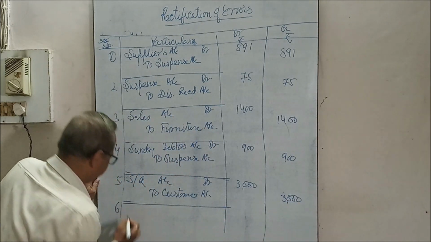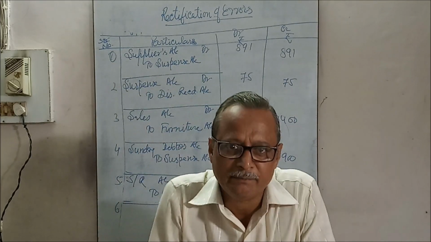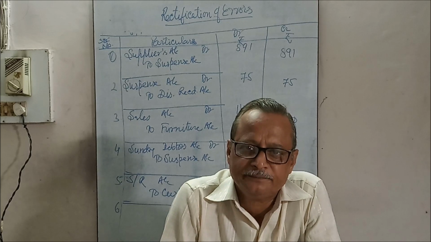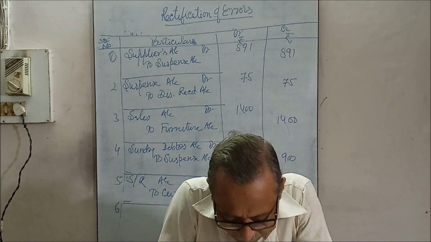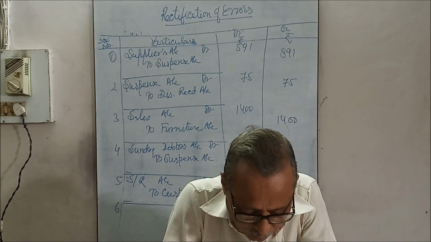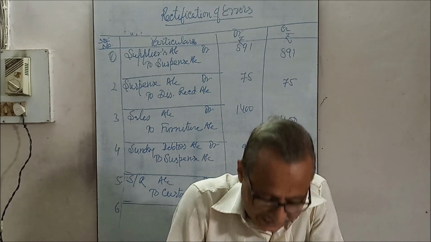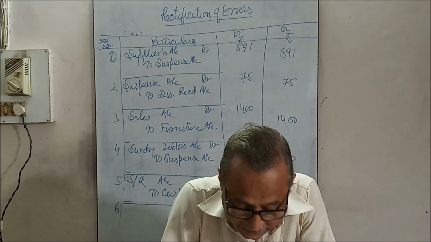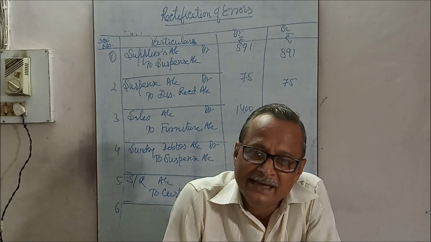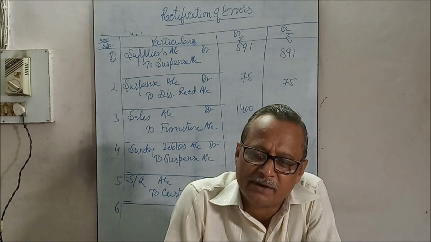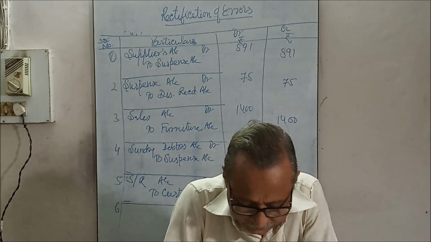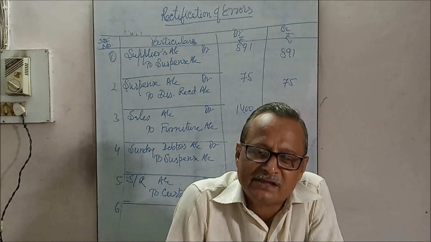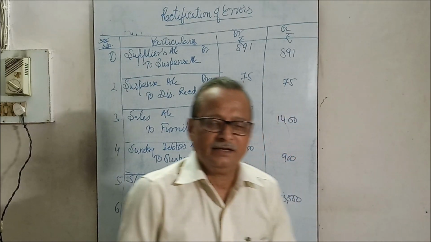Now question number 6. Point number 6 of question number 17. 355 entered in the sales return book had been posted to the debit of the customer who returned the goods. Customer returned the goods, so customer account should be credited, but in place of crediting the customer it was debited.